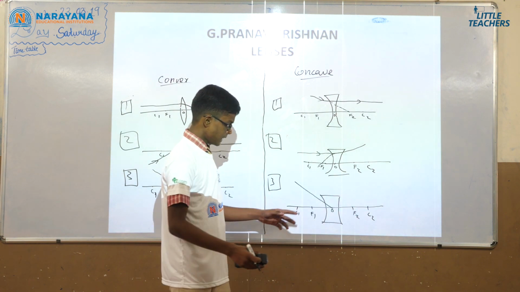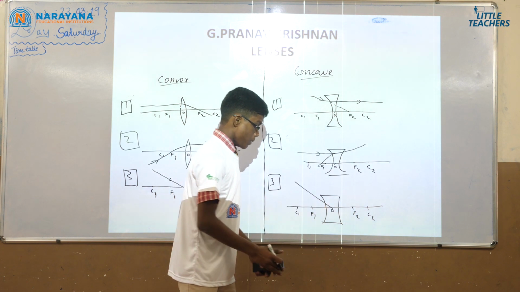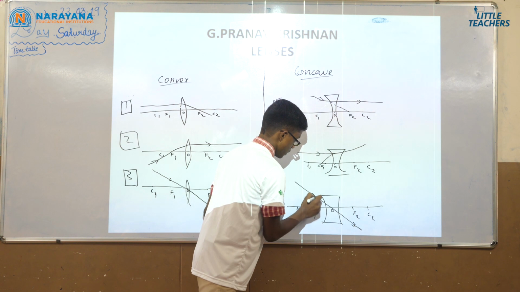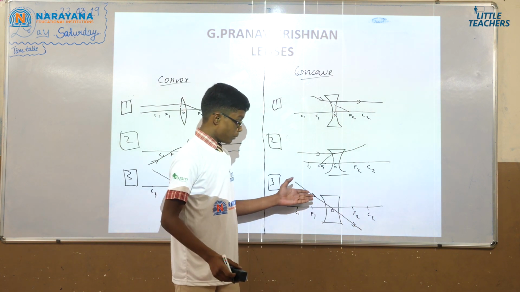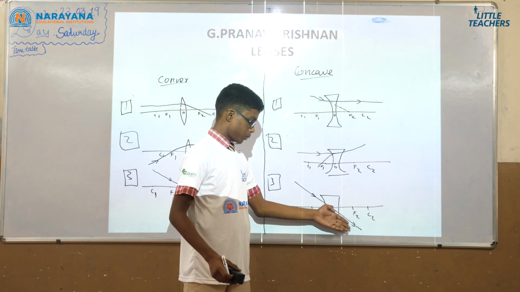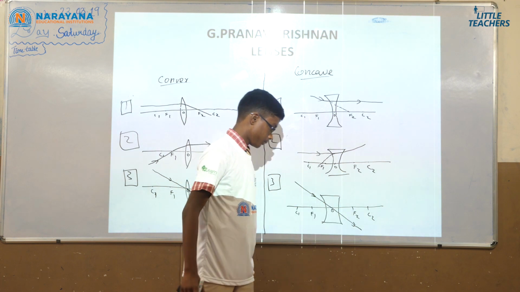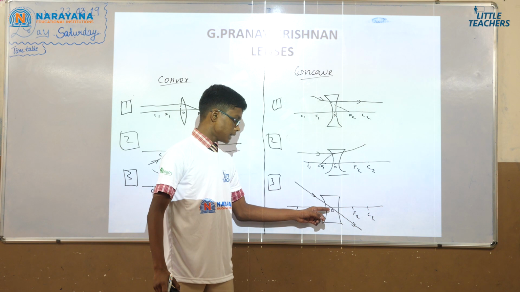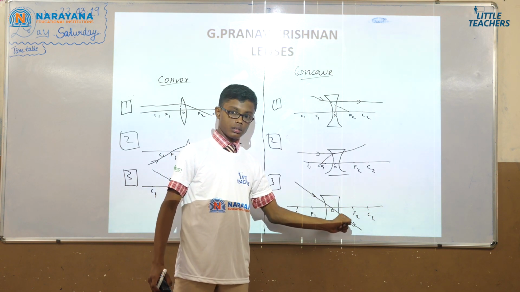This light ray gets incident on the optical center and moves without getting refracted. So I say that it moves in rectilinear propagation. So we can say any light ray which is emitted towards the optical center goes without refraction.